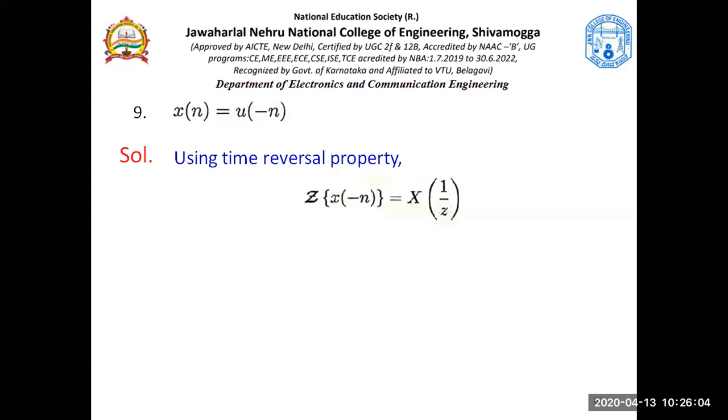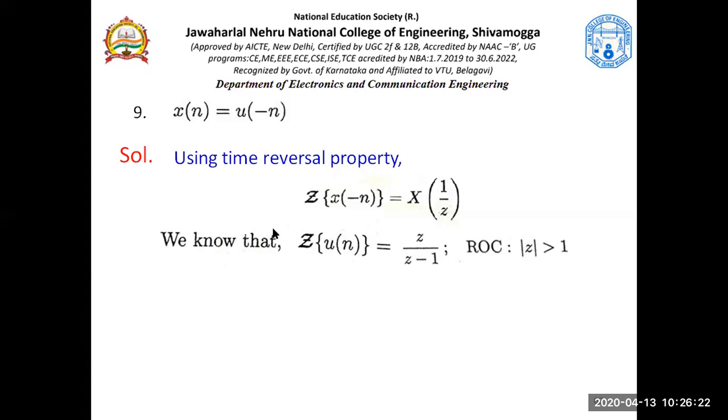Now, using this property, how can we find the z transform of this? This 1 by z is being substituted in the z transform of x of n. That needs to be understood here. So here, we also should know the z transform of u of n.